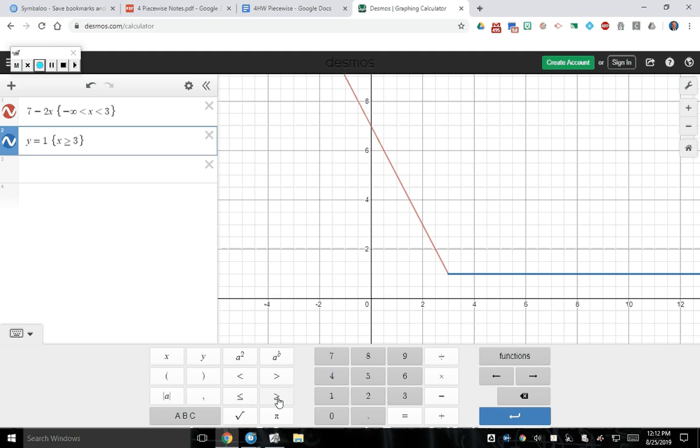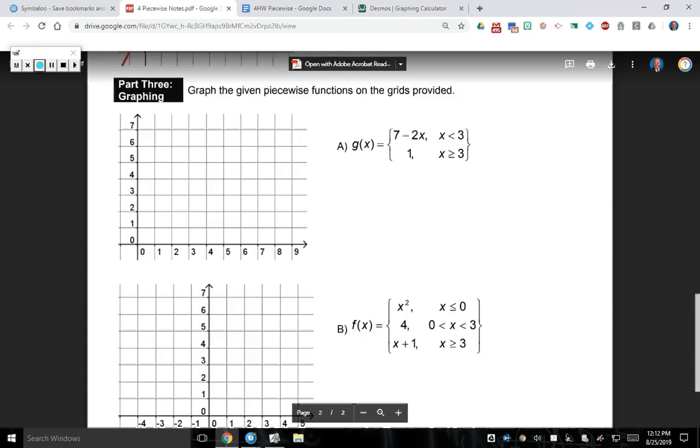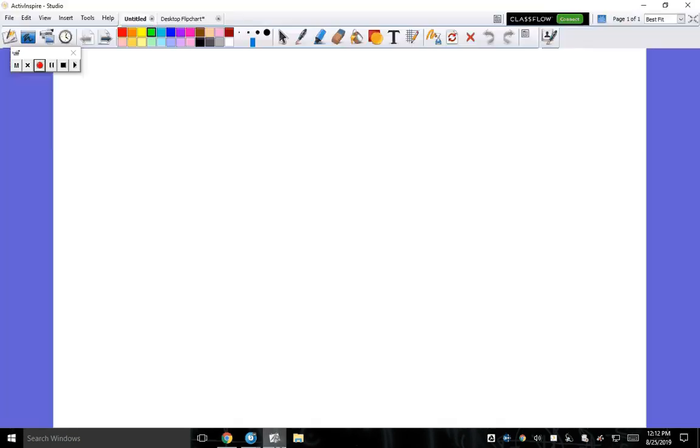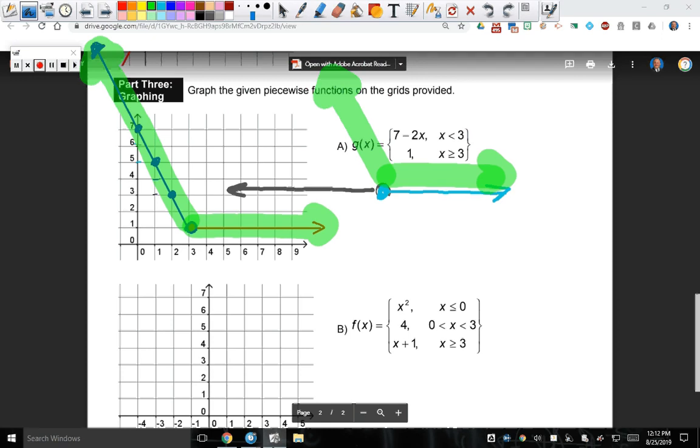Now, Desmos should not be used to replace the learning. You need to know how to do this by hand, which is what I did at the very beginning of this video. Okay? So, knowing how to do it by hand, let's get this out of the way. This is what we used with our graphing calculator. But knowing how to do it by hand is what we need to be accountable for on this particular problem.